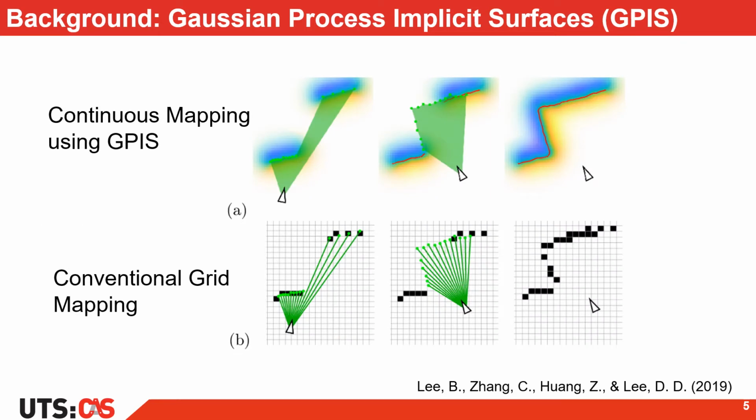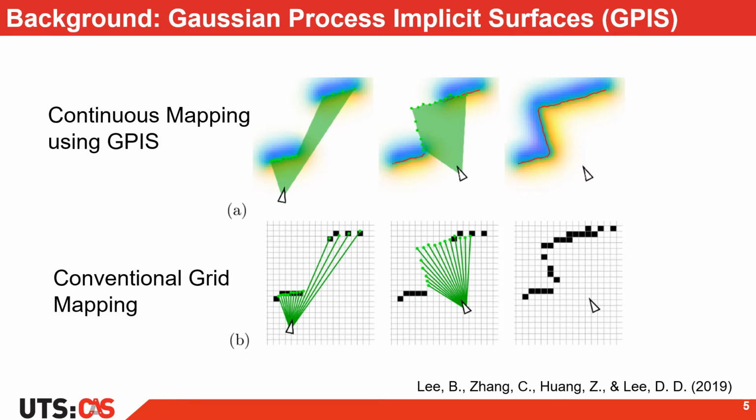In the literature, standard GPIS techniques can estimate the continuous implicit surface and the distance field of the surface. As we can see from Figure A, it's a continuous mapping using GPIS. The green points are the measurements roughly on the surface, and the blue area is the inside distance field. The yellow area is the outside distance field.